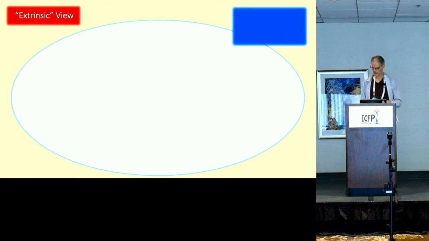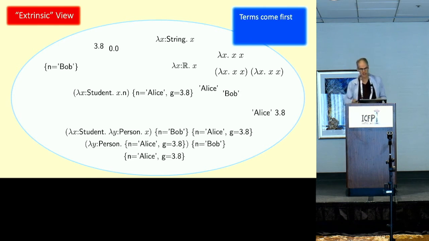And let me show you what that means. So in the extrinsic view of types, we begin with the universe of terms, the universe of computing objects. In this case, it has all sorts of stuff like this that we've seen. So the terms come first. Then we ask, how do the terms reduce?